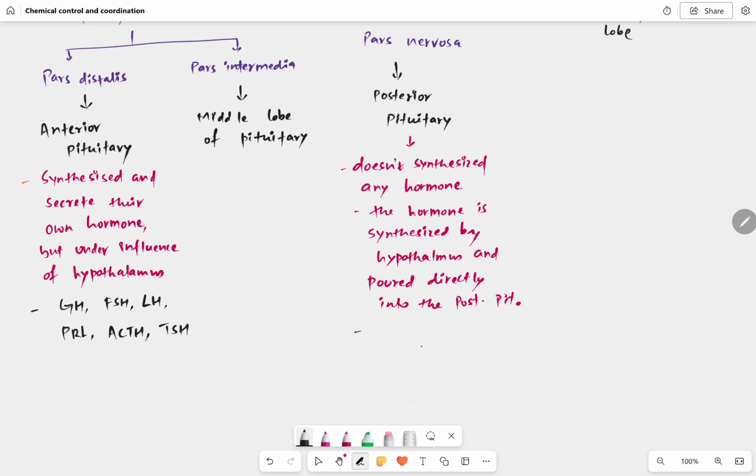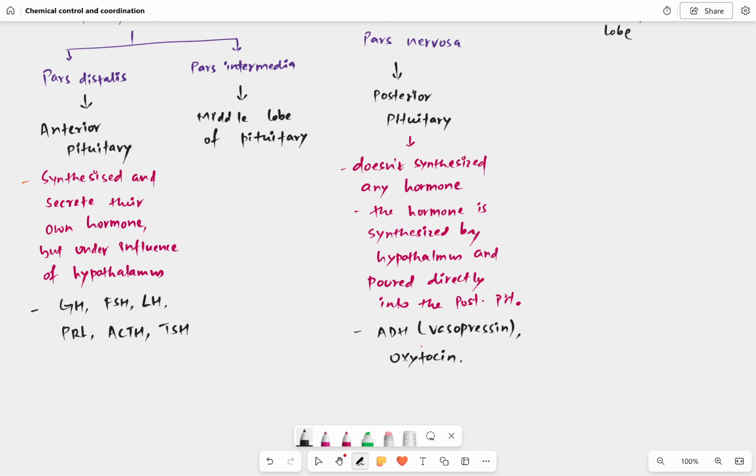The hormones of the posterior pituitary are ADH, also called vasopressin, and oxytocin.